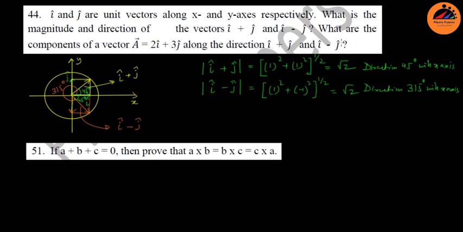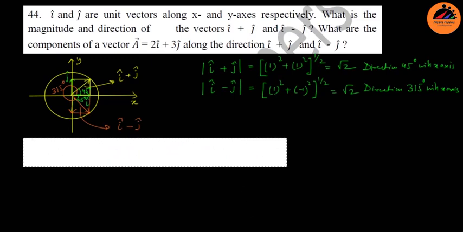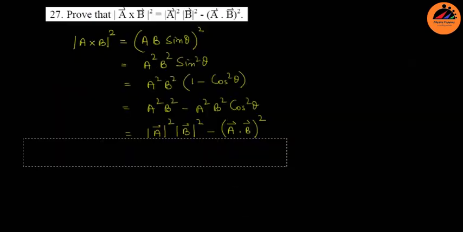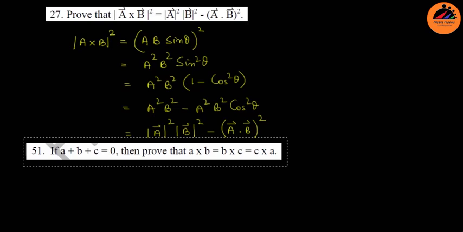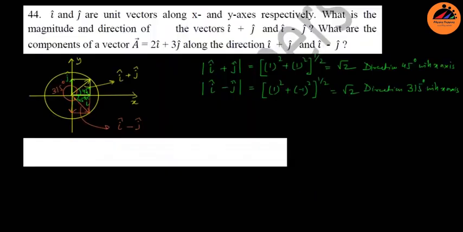So let me do this problem first. This is a very interesting problem. I need more space, so let me delete this. I'm not deleting it actually, I am preserving it, then I'll do it later.